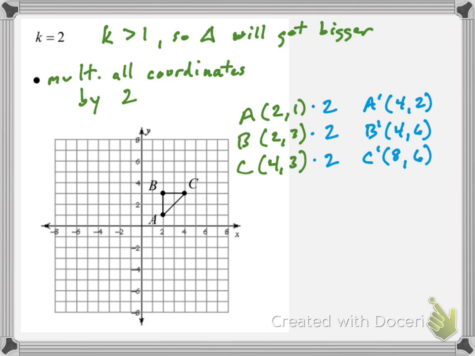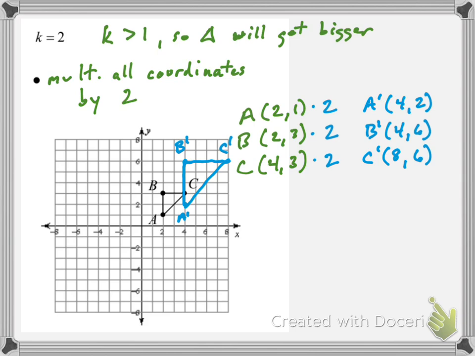Okay? So 4, 2, that's A prime. 4, 6 will be B prime. And 8, 6 will be C prime. Now notice, the shape doesn't turn, it doesn't reflect, it looks exactly the same as the original shape, it's just bigger.